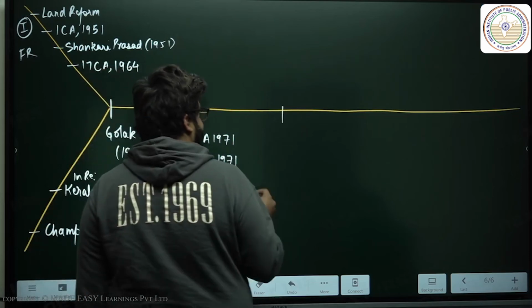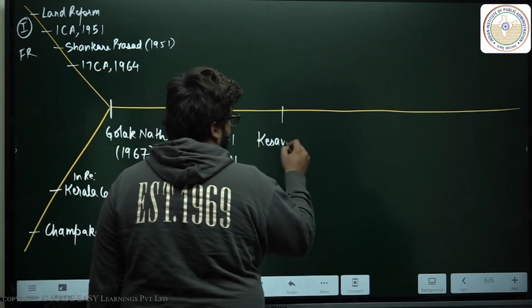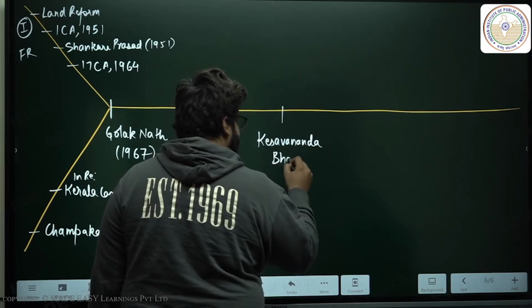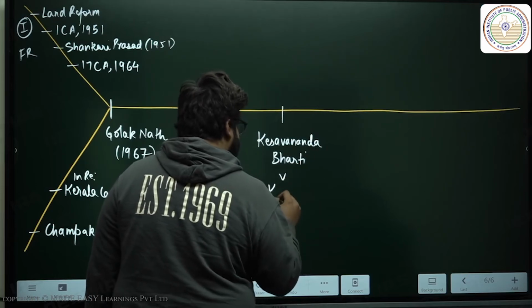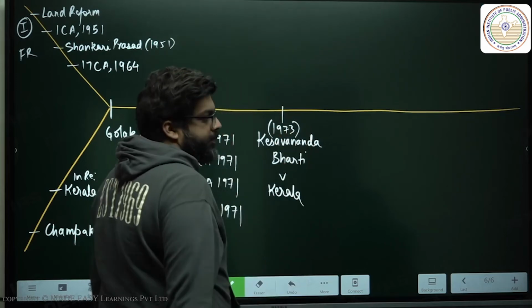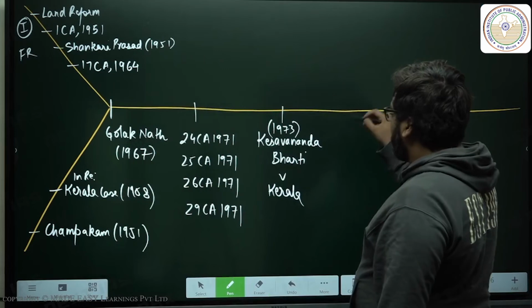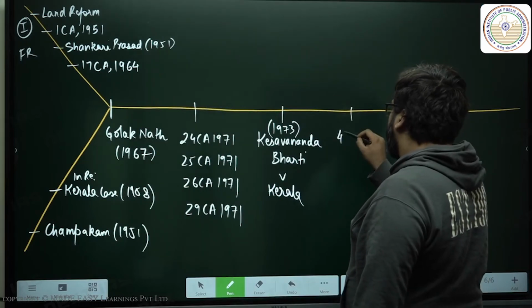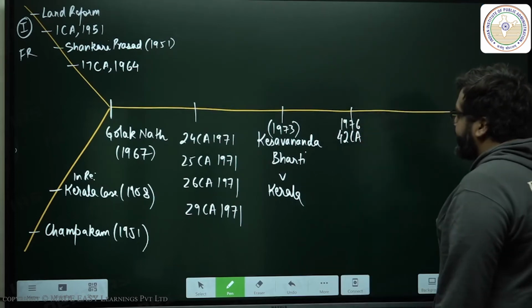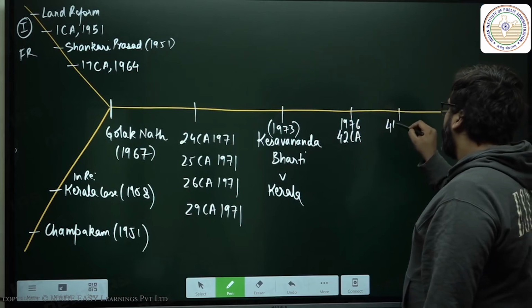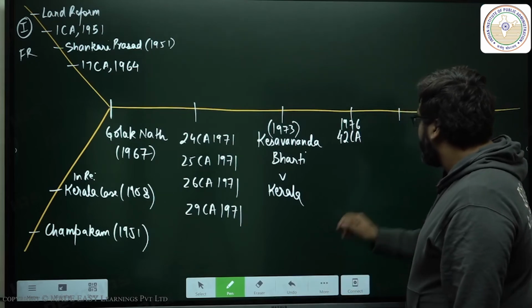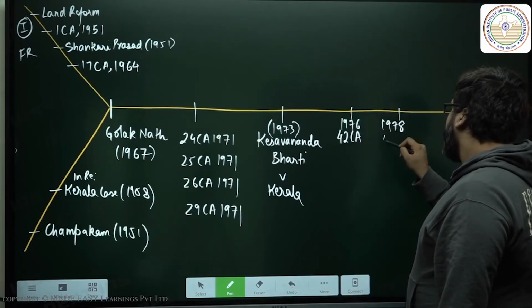Then Kesavananda Bharati versus Kerala, 1973. Then 42nd Constitutional Amendment, 1976. 44th Constitutional Amendment, 1978.